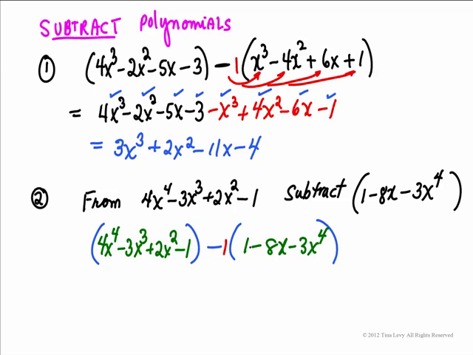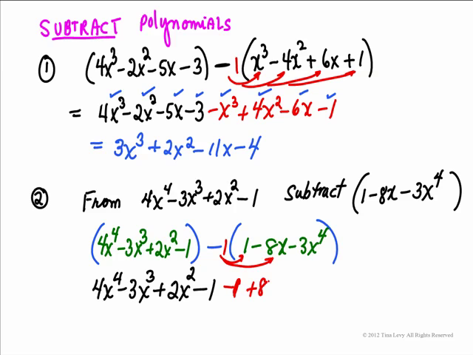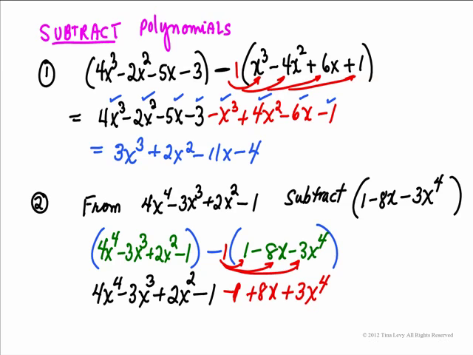So we know this is a negative 1, so it's going to be distributed. We get rid of the first parentheses: 4x to the fourth minus 3x cubed plus 2x squared minus 1. Now we distribute through. There we get a negative 1, negative times a negative plus 8x, negative times a negative plus 3x to the fourth.